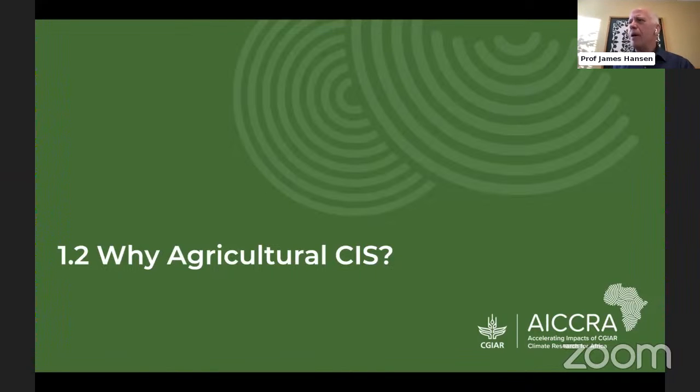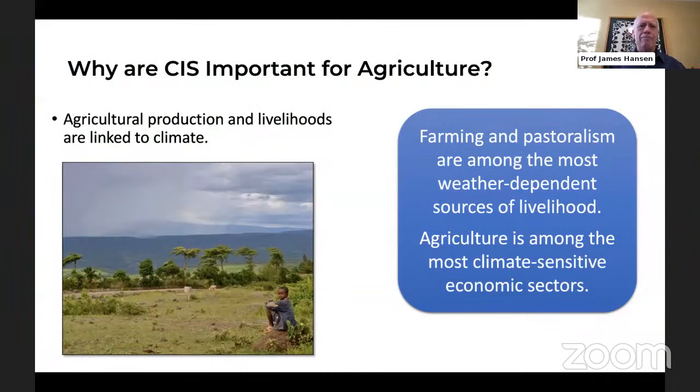So we've talked a little bit about what a climate service is. Why are we talking about it in the context of agriculture? So briefly, I think all of us can appreciate that agriculture is intimately linked to climate and very sensitive to the impacts of climate at all time scales, from weather to climate variability to climate change. So farming and other aspects of agricultural production, we think of pastoralism, herding, fisheries.